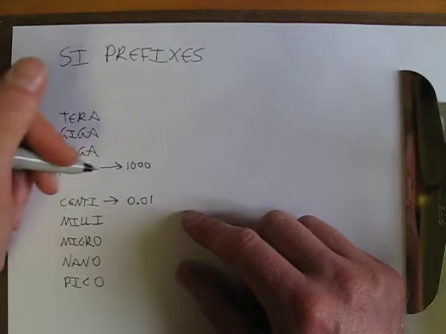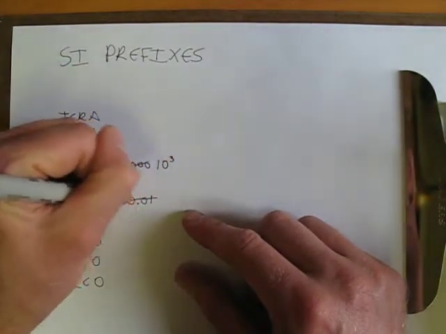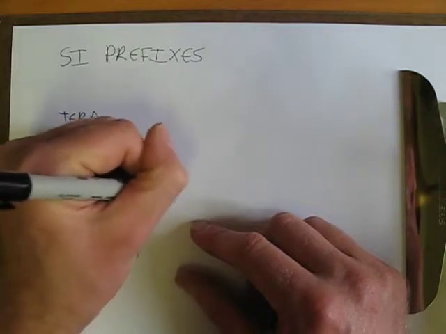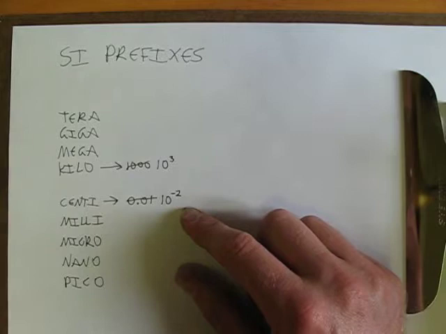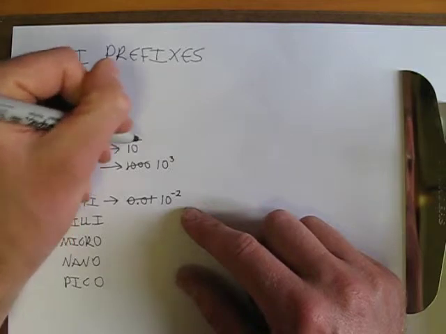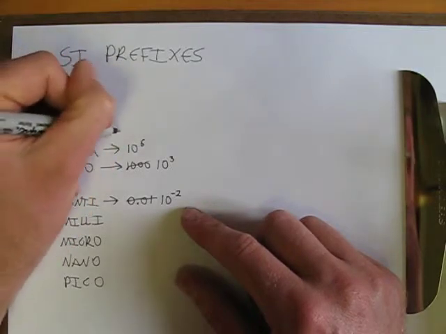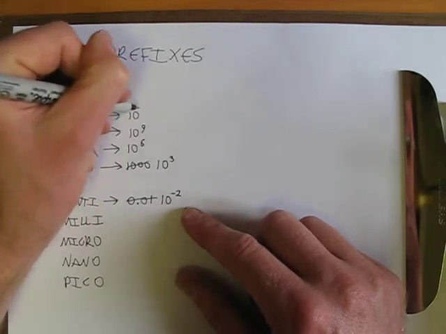I want to write kilo as 10 to the third, and I want to write centi as 10 to the negative 2. Centi sort of sticks out like a sore thumb here in a second. When I have the word mega, mega means 10 to the 6th. Giga means 10 to the 9th. Tera means 10 to the 12th.